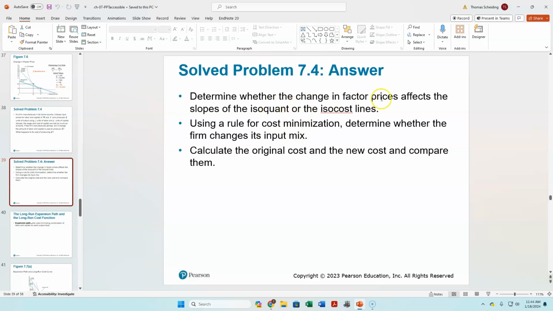So would the change in factor prices affect the slopes of the isoquant or the iso-cost line? Well, it's not going to affect the slope of the iso-cost. It's just going to be further from the origin because it's going to be cheaper.